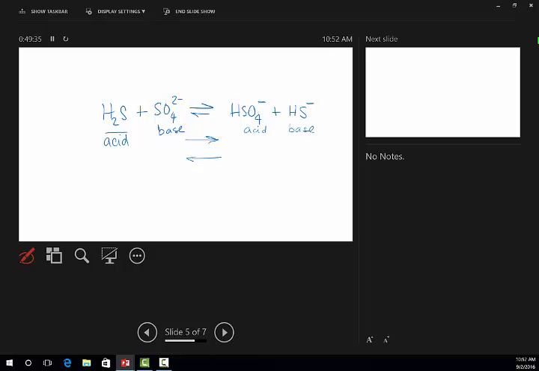Almost. Because now what do I need to figure out? I need to compare this acid to this acid. And one of those two is going to be stronger than the other. Now, in the PowerPoint notes, there are charts that rank the acids up and down. Do you have to memorize that chart?